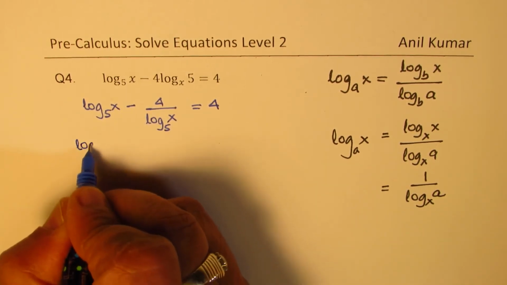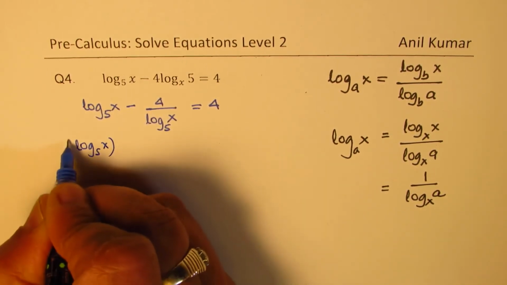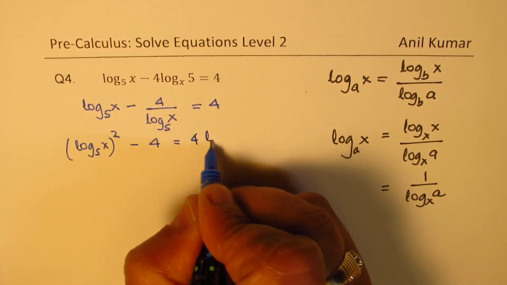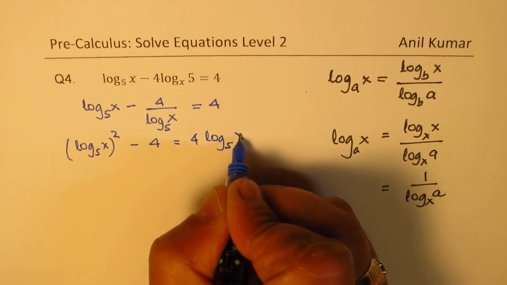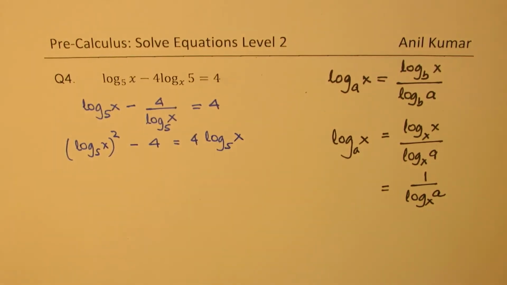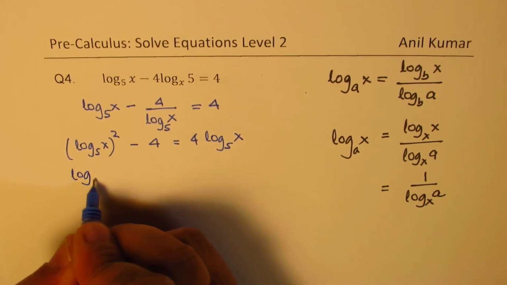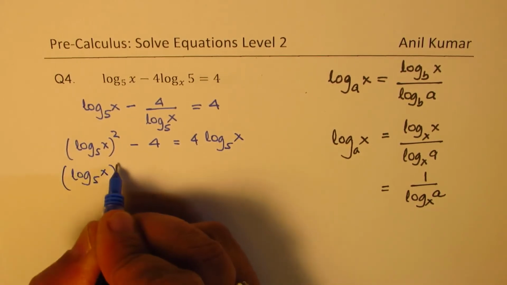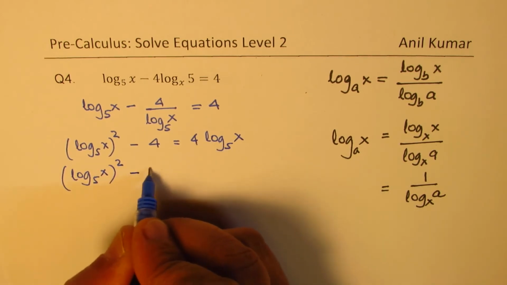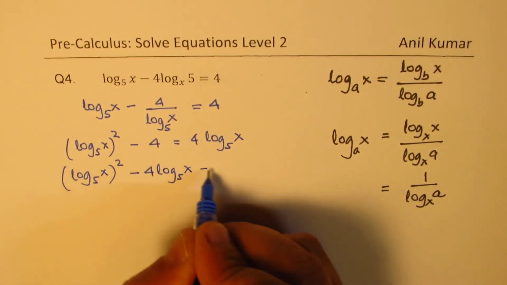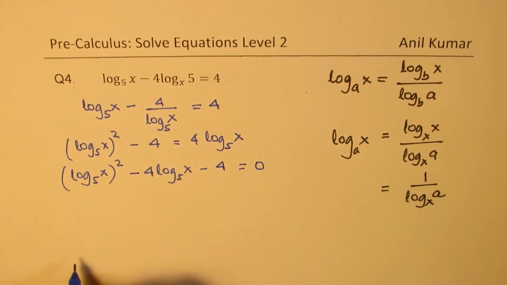So we get (log to the base 5 of x) whole squared minus 4 equals 4 times log to the base 5 of x. Clear? Now that is kind of a quadratic equation. We have (log to the base 5 of x) whole squared, and this is minus 4 log to the base 5 of x, and that is minus 4 equals 0.